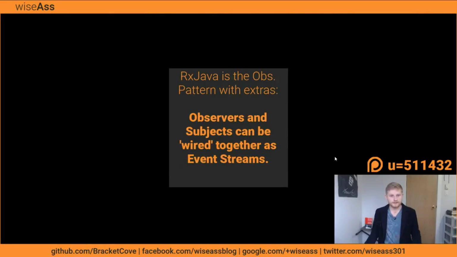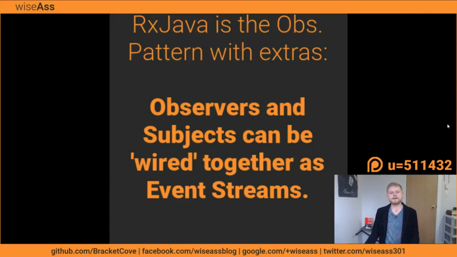So next slide. Hearing that, you might be tempted to think, as I was, that RxJava is just the observer pattern. It's actually a lot more than that. It's almost a bunch of extra tools you get once you start using this observer-subject dynamic.